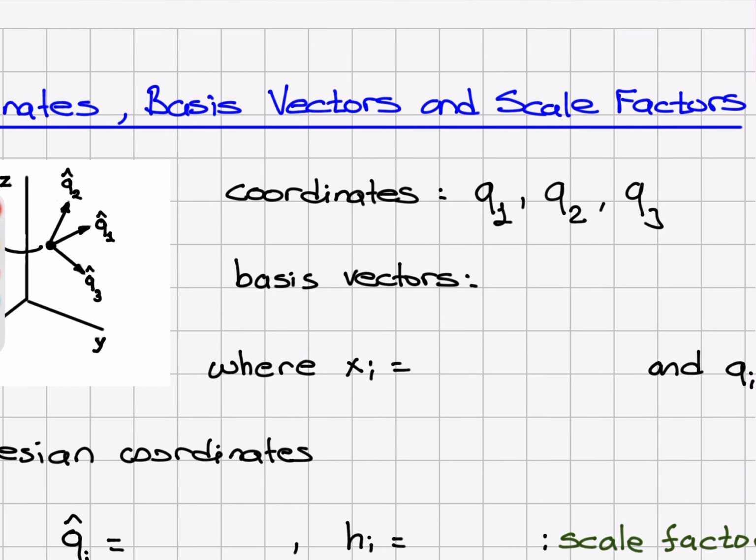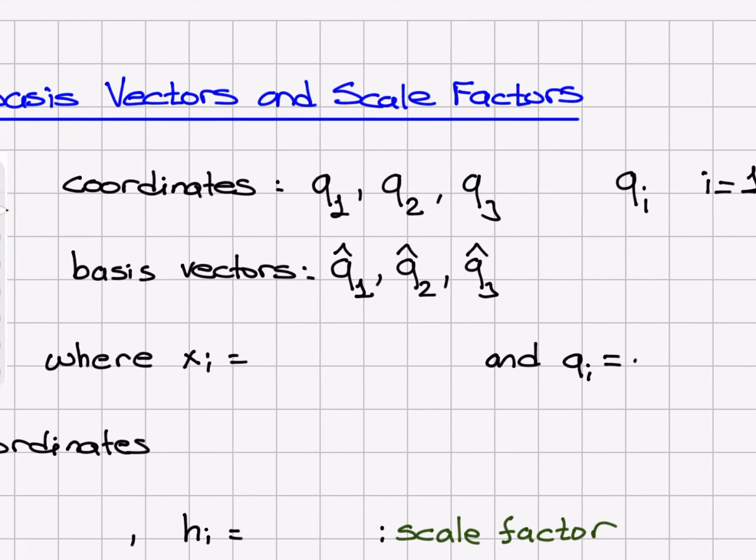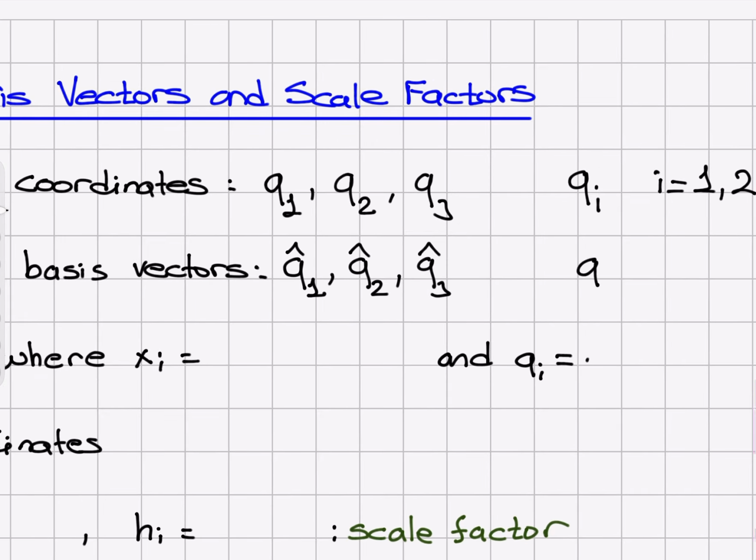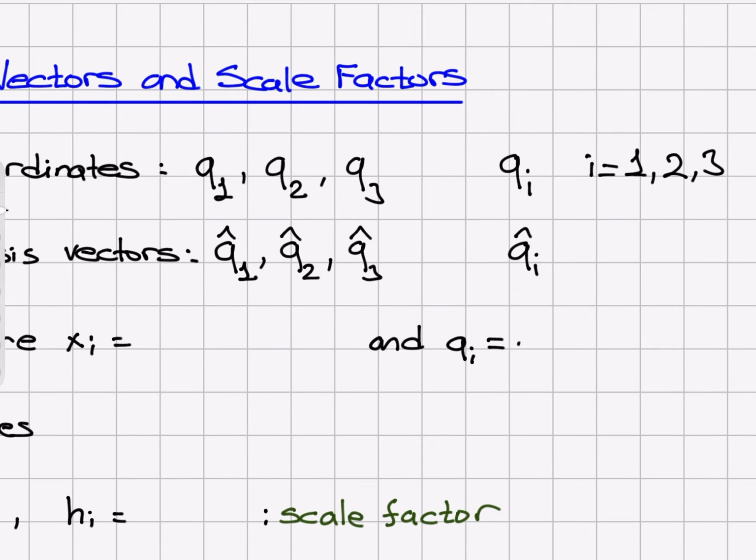The corresponding orthonormal basis vectors are q1 hat, q2 hat, and q3 hat. So we have basis unit vectors qi hat, where i can take values 1, 2, and 3.